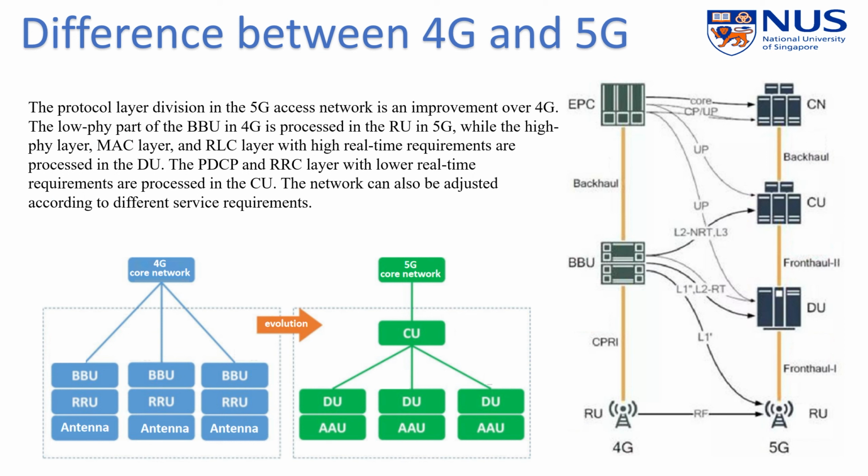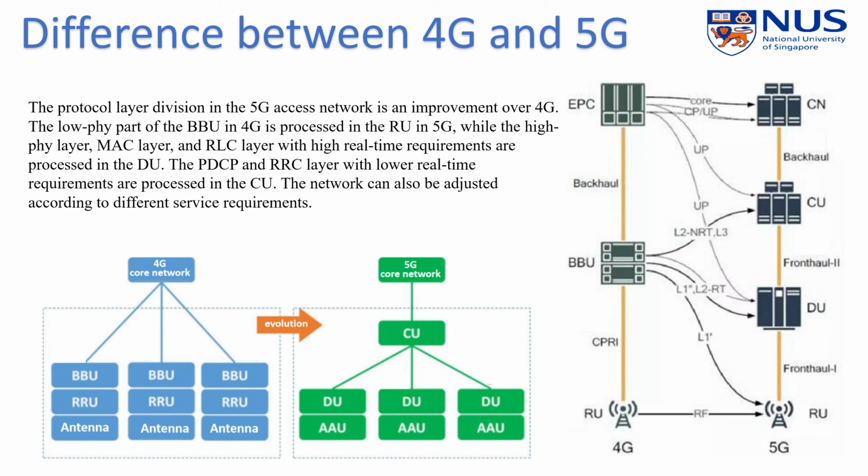Here we introduce the difference between 4G and 5G. The protocol layer diversion in the 5G access network is an improvement over 4G. The low physics part of the BBU in 4G is processed in the RU in 5G, while the high physics layer, MAC layer, and RLC layer with high real-time requirements are processed in the DU.